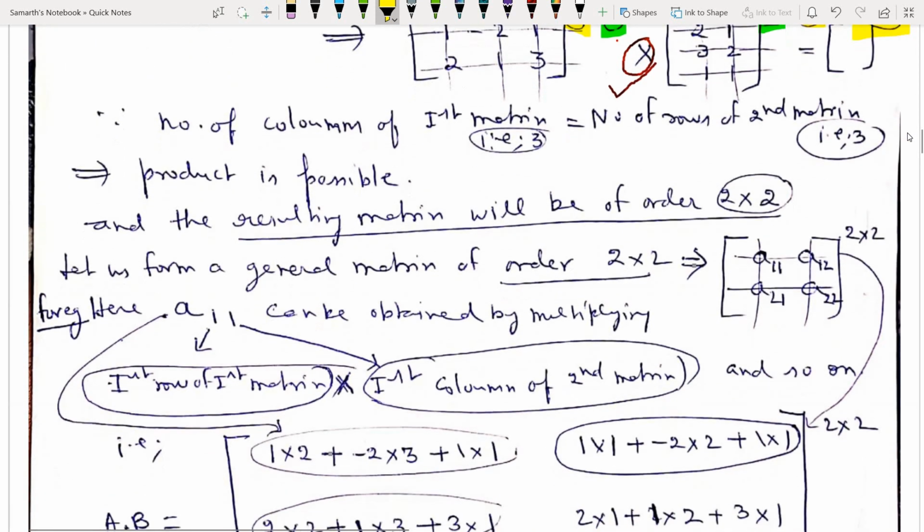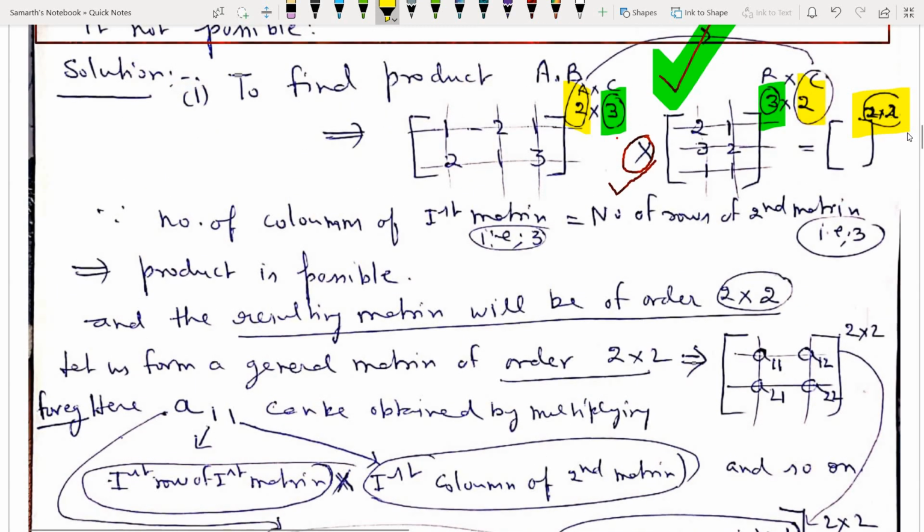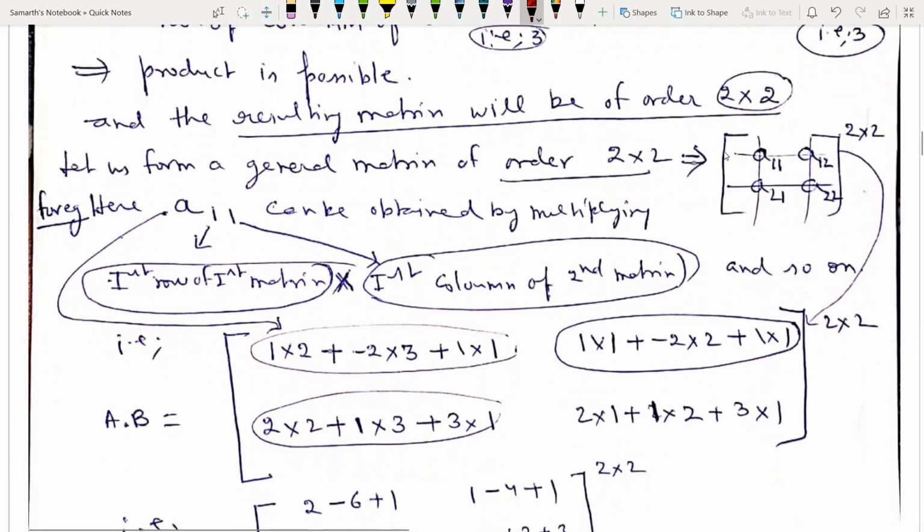The order is given by the number of rows of the first matrix and the number of columns of the second matrix, that is 2 by 2. So let us form a general matrix of order 2 by 2. You already know how to form it: A11, A12, A21, A22.